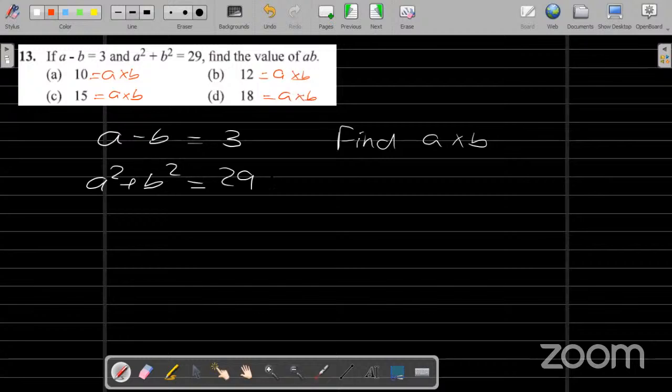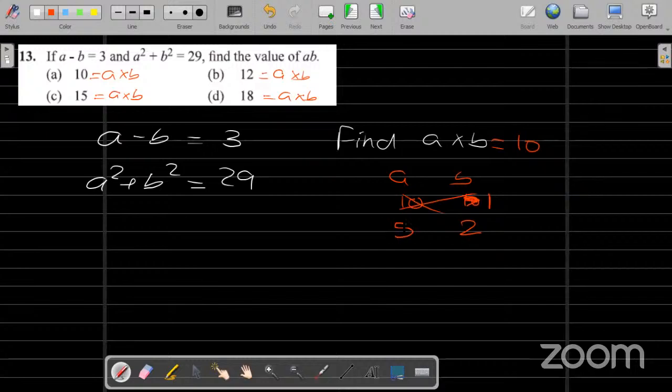Take the first option. First option is 10. So a into b is 10, and a and b can be 10 and 1 or 5 and 2. If a and b are 10 and 1, then a minus b may not be 3. So that is not possible.